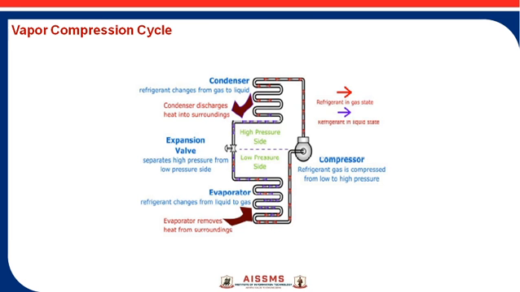Due to the conversion of high pressure refrigerant into low pressure refrigerant, it comes in contact with the evaporator coil, and that evaporator coil converts the liquid refrigerant into vapor refrigerant.